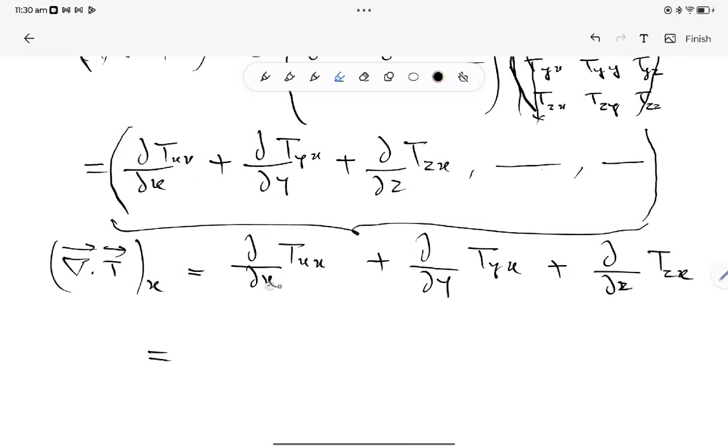You have x here, y here, z here. Now you have here x, y, x, z, x. This and this, they are similar. This and this, they are similar. If you are speaking about the x component, the x index will remain constant on this side.